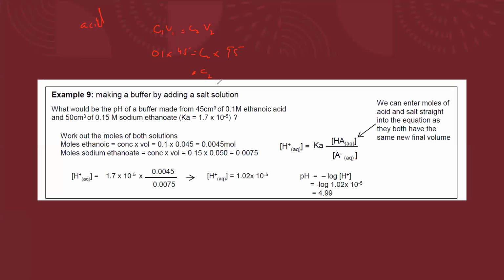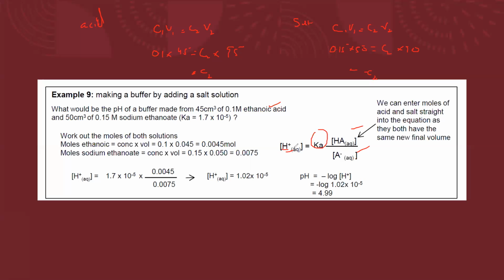I'll get the concentration of acid. In the same way, I use the same formula for the new concentration of the salt: C1 is 0.15, original volume 50, new concentration unknown, and new volume 95. I'll get the concentration of salt. So I have their concentrations, Ka is given, I can find the hydrogen ion, and using that, I can find the pH. This is one way.